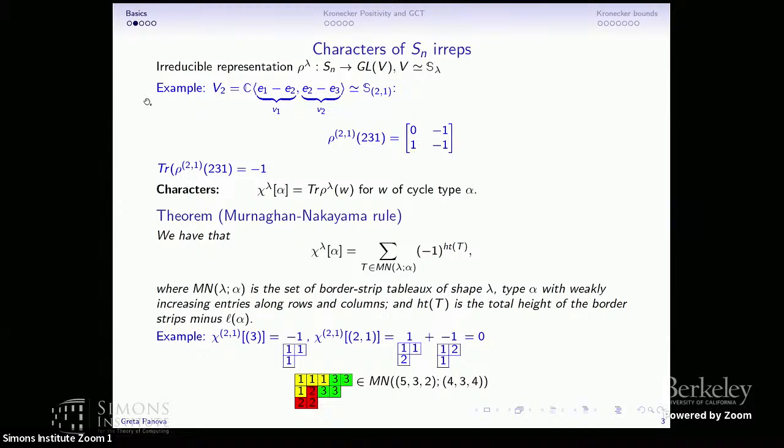And here is one example. A Murnaghan-Nakayama tableau is just a way of cutting our diagram into ribbons of given lengths. The lengths are the type of the tableau, the second partition. The tableau has to be weakly increasing along rows and down columns, and the height is determined by the height of these ribbons.